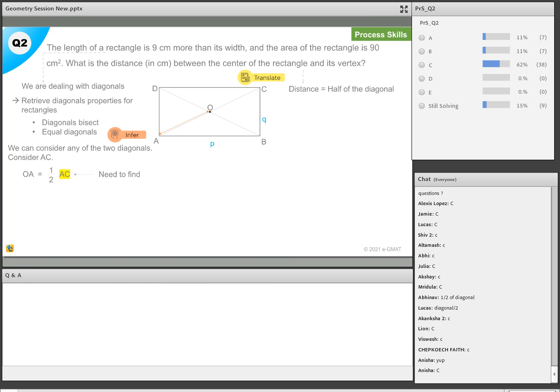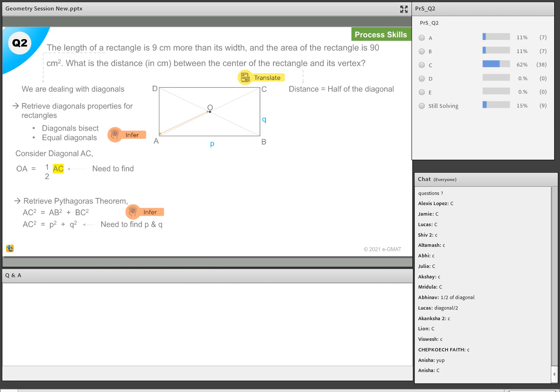So the first thing is that I need to find the length of AO, and the length of AO is half of AC. Now I need to get to the values of P and Q to get the value of AC, and in turn get the value of AO, or OA, whatever you call it. So I need to find out the values of P and Q, which are the length and the width of this rectangle.